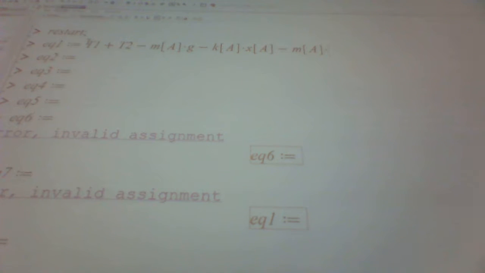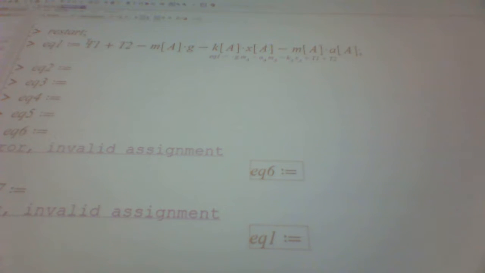Times a_A. Okay, correct me if you see something wrong. So equation 2 should be T2 minus T1 times R_A minus I_A times alpha_A.